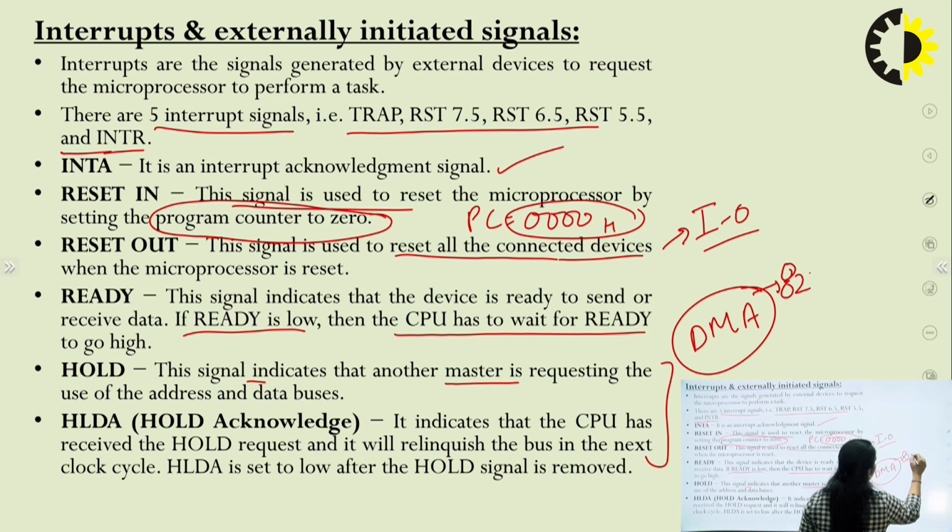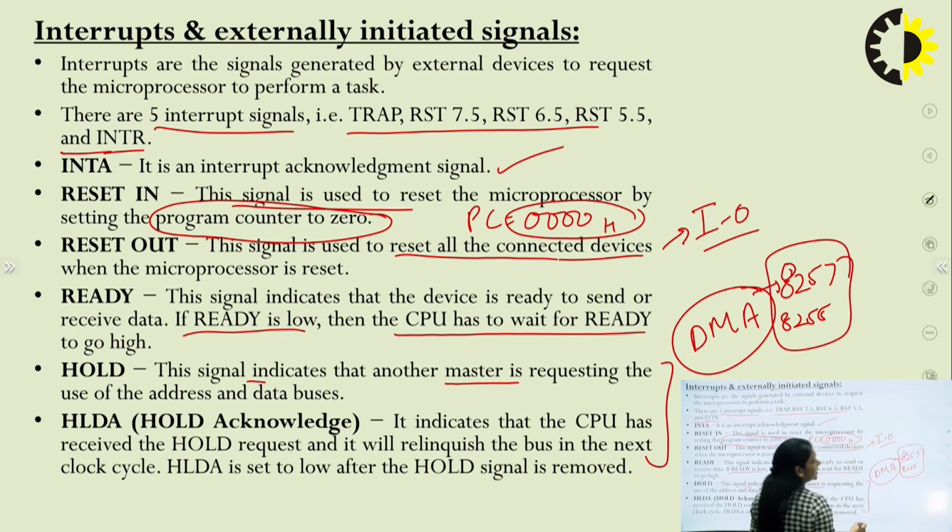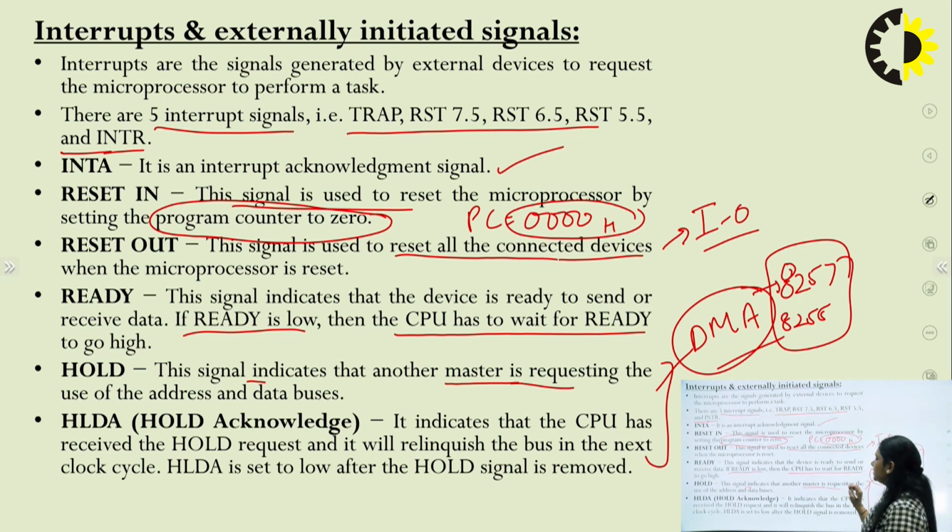Here are some, 8257, 8255. These are DMA controllers, we can say. If they need some help with the address and data bus, at that time this pin will be activated. And when the CPU has acknowledged this hold request, it will set HLDA low.